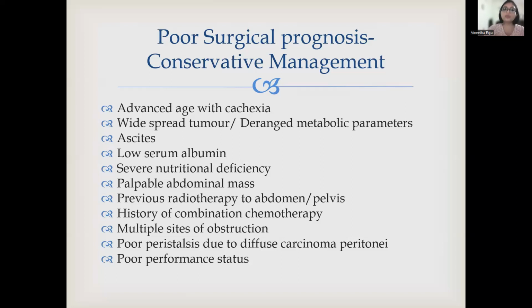So that would also be a no for surgical management. And then multiple sites of obstruction, that is also a no for surgery. Poor peristalsis due to diffuse carcinomatosis peritonei and poor performance status would also be reasons to say no for surgical intervention. Okay.